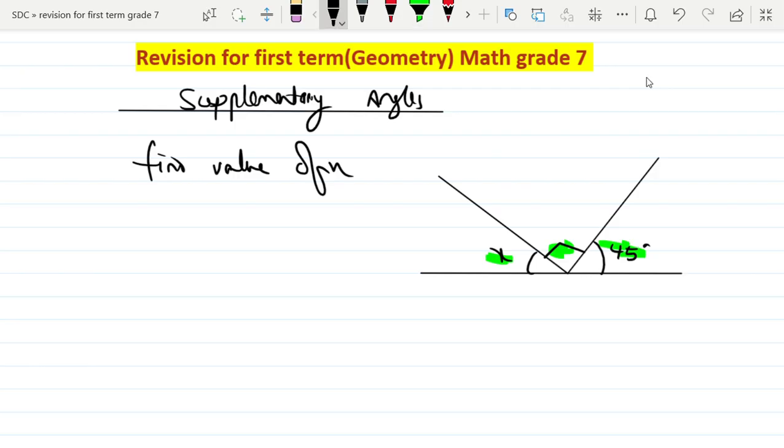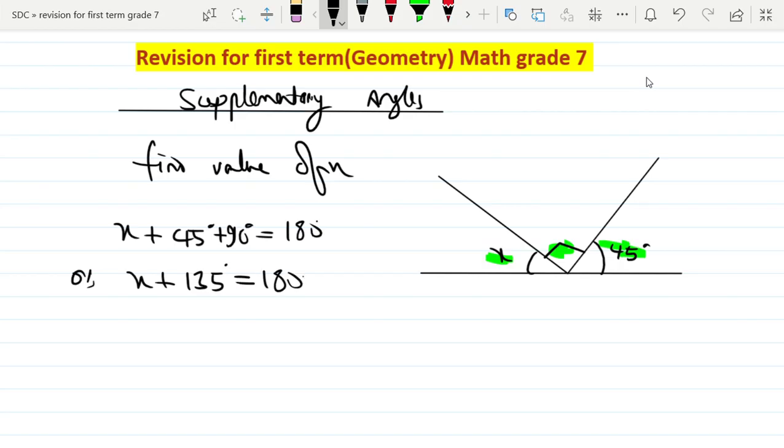The sum of these angles is again 180 degree. So you say x plus 45 degree plus 90 degree equal to 180 degree. The reason is sum of angles on a straight line is 180, being a straight angle. So x plus 135 degree equal to 180 degree. 45 and 90 we have added first, and then this 135 we send to the other side, so we get x equal to 45 degree.